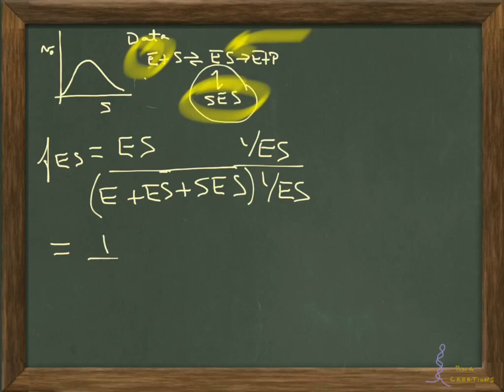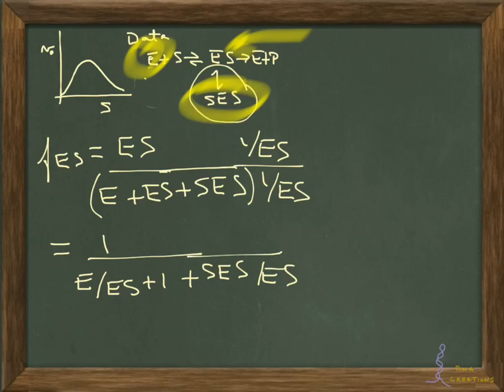And so when I do this, I end up with 1 over, hopefully if I did my math right, that's what I end up with.